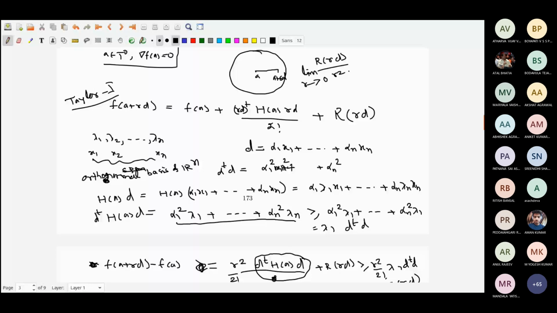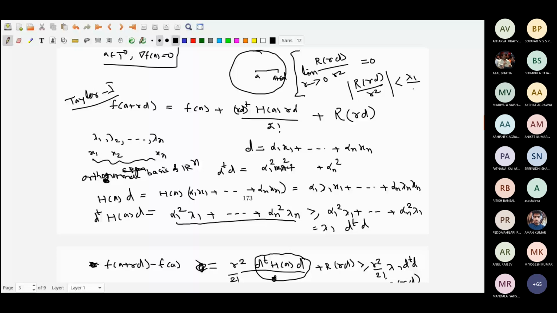It means for all small values of R, this value of RRD by R square can be less than lambda 1 by 4.